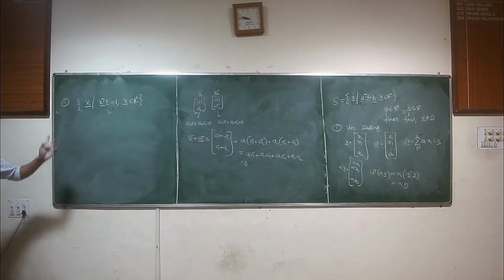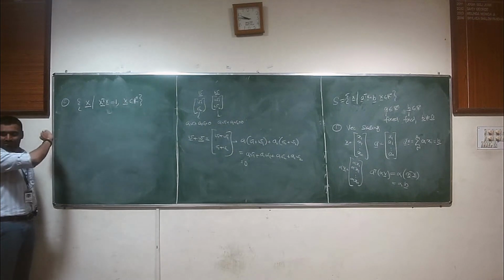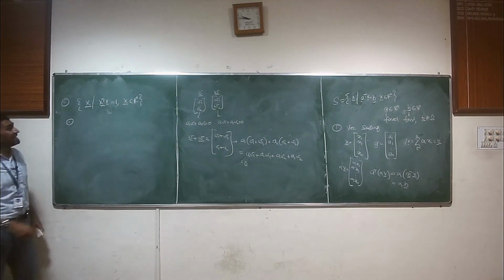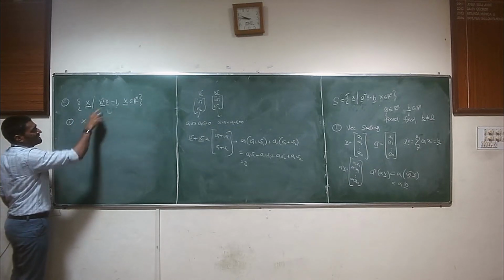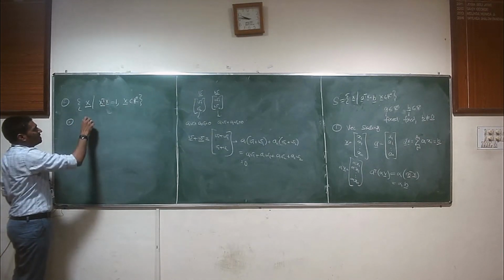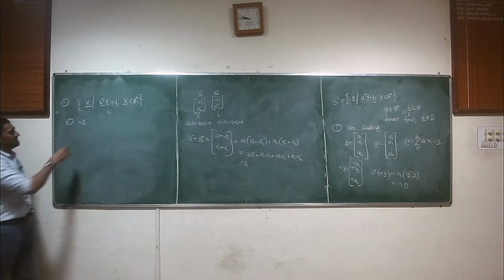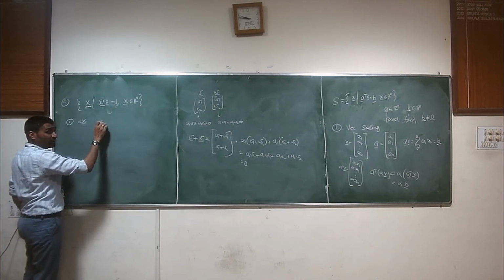That's the set. It's not a vector space, but you have to tell me why. What happens when you do scaling? So if I take X that satisfies this, what happens if I take alpha X? What do I get?